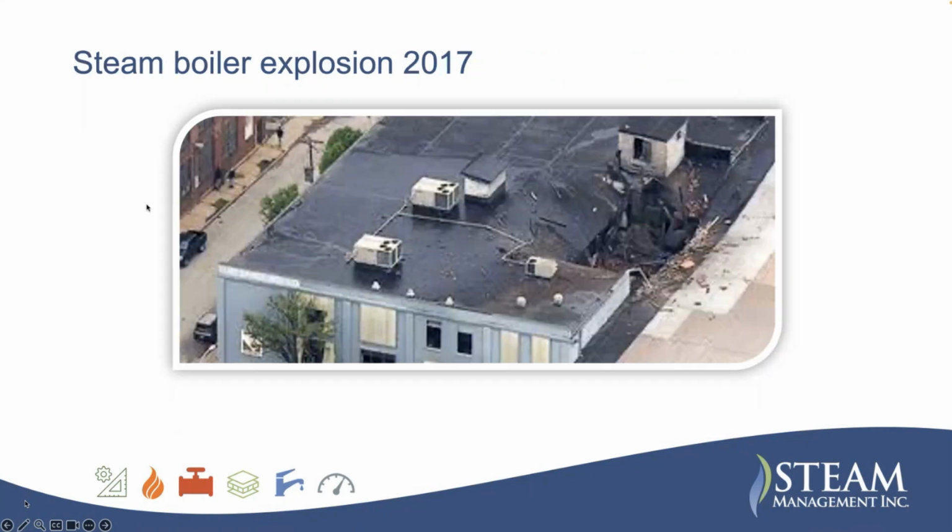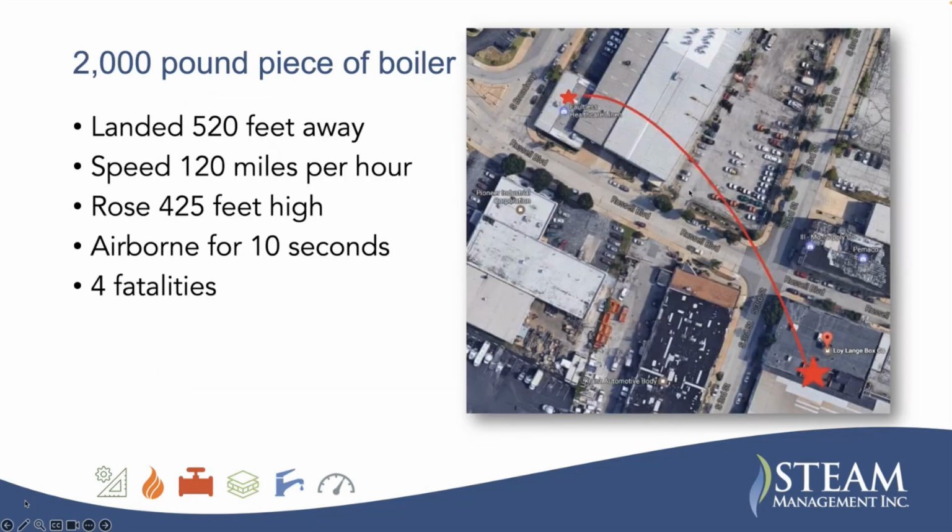But steam boilers can be dangerous. In this St. Louis explosion in 2017, 4 people were killed. It wasn't in this building here, wasn't the one where the steam boiler blew. The 2,000-pound piece of equipment was here on the right at the box company.